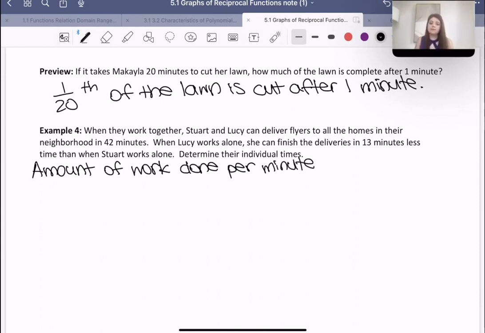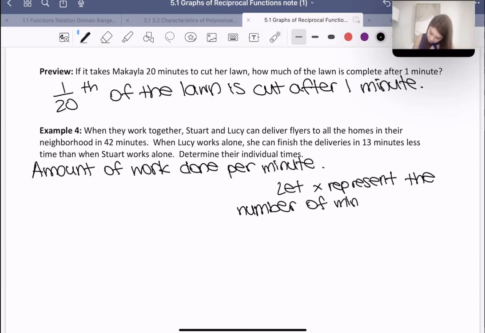The amount of work done per minute. And let's let x represent the number of minutes that it takes Stuart, right?